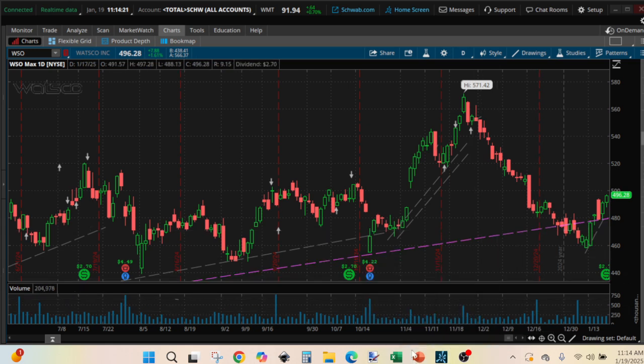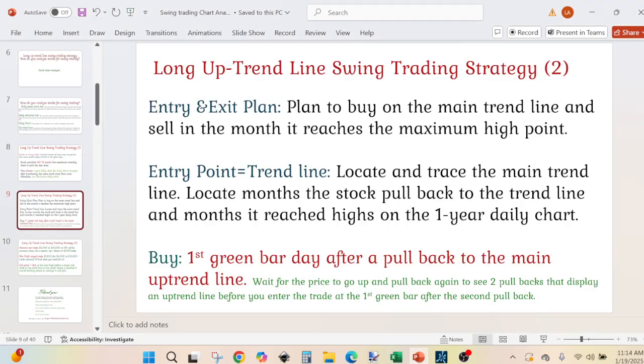And those are longer than 1 year for us to wait at, waiting for those stocks to pull back on it. And after we notice a few higher lows there, we can get in at the first or second green bar after a pullback.